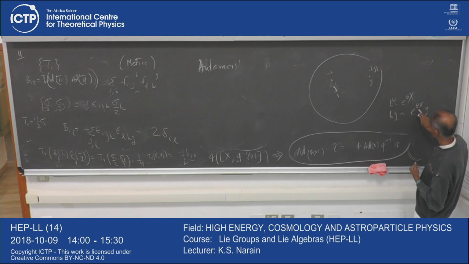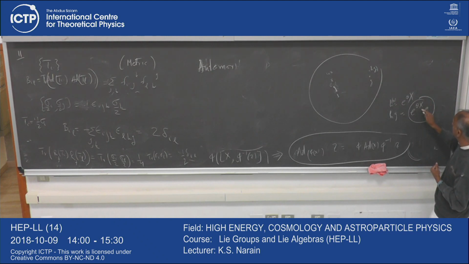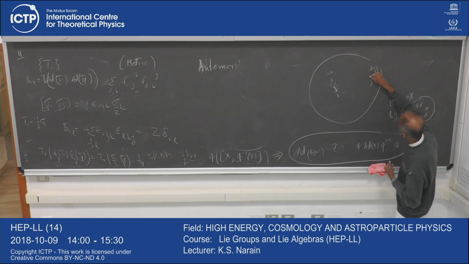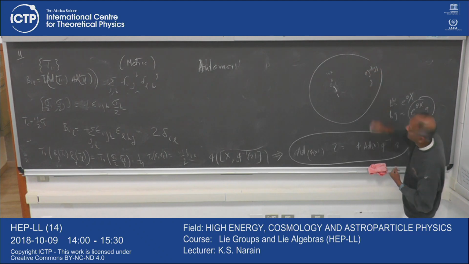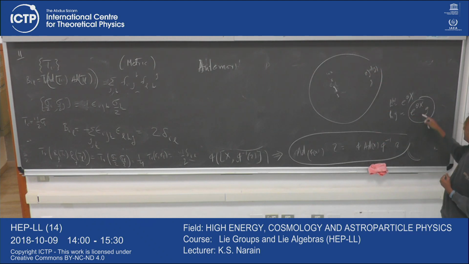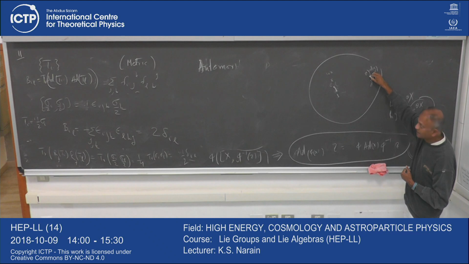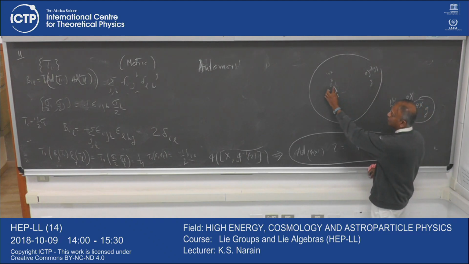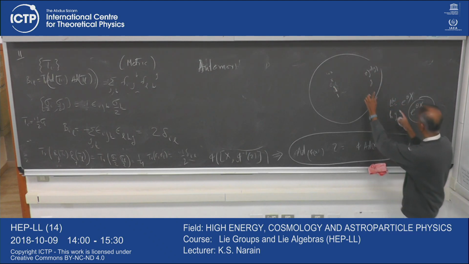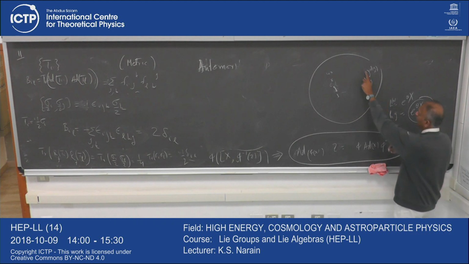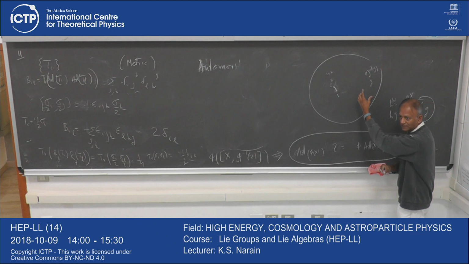This hg gives you a curve, e to the theta x g, again labeled by theta. And as theta goes to zero, this point will come closer and closer to g. So it's clear that if there's a point in the neighborhood of identity, this point hg is going to be arbitrarily close to g, in the neighborhood of g.